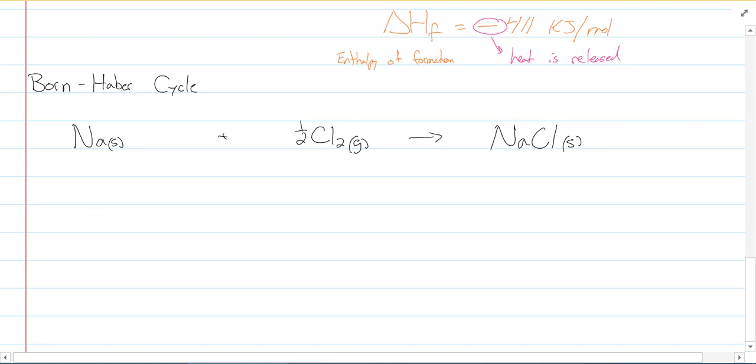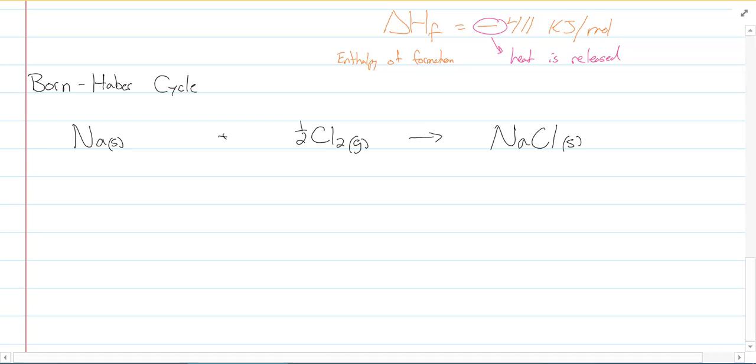Now we have a term for the energy required to remove an electron from an isolated atom or ion, and that's ionization energy, but it's the energy required to remove the electron from an atom or ion in the gas phase. We are in the solid phase.